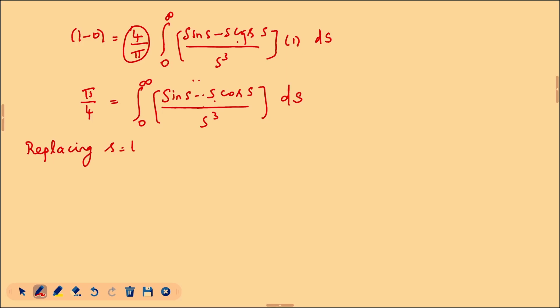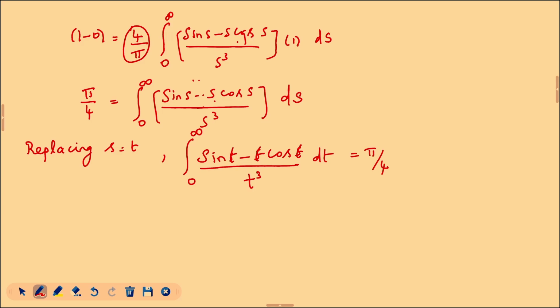Replacing s by t, you get the integral 0 to infinity (sin t minus t cos t) divided by t cube into dt, which is pi by 4. So we got the answer for subdivision 1, which is pi by 4.